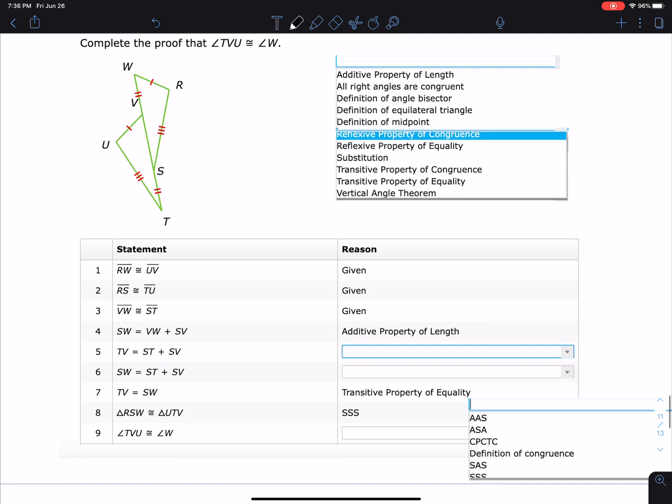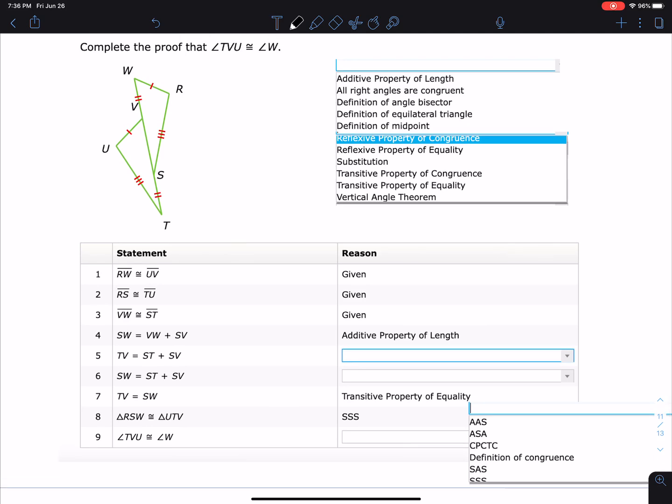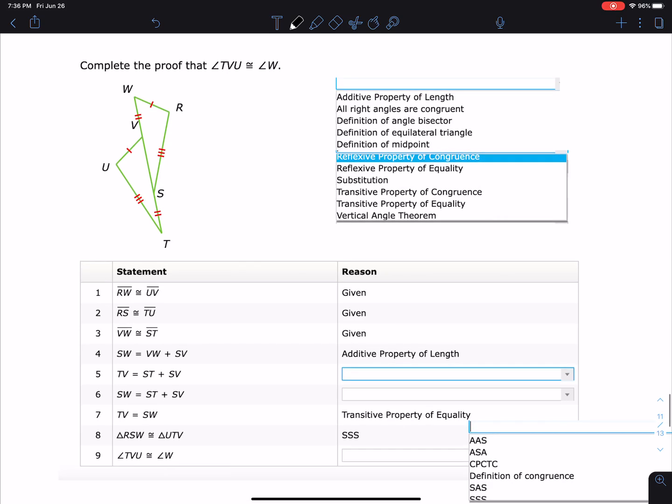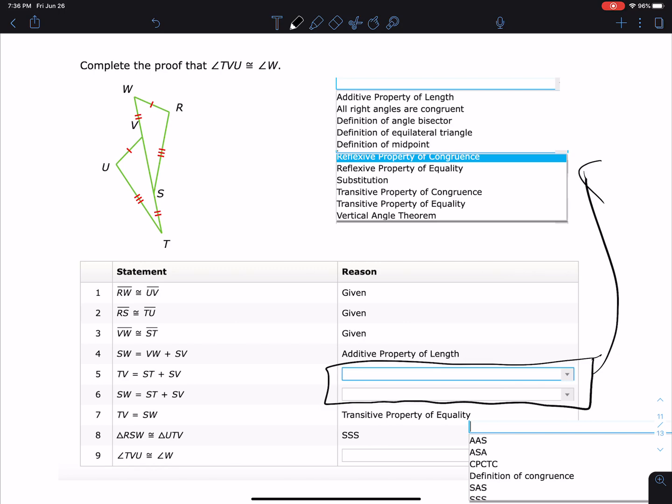Okay, we saw something like this very similar a couple lessons ago in section K. So let's see. Now they're just giving you a lot more options. These 2 boxes go up above. Okay, so some giveaways. Additive property of length is typically going to happen twice.